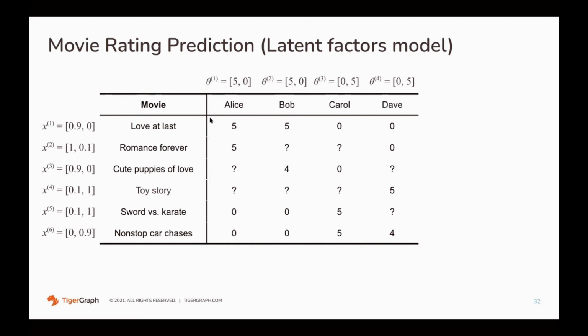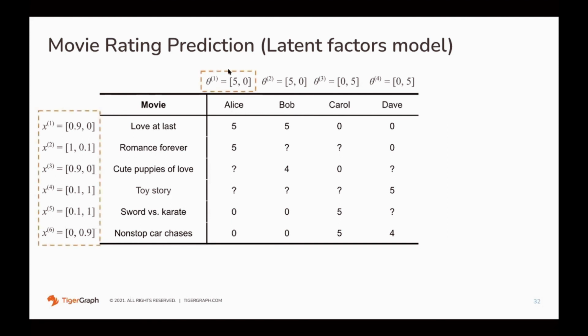That's the rating. Theta is the latent factor vector for the user and x is the latent factor vector for the movies. How do we come up with these latent factor vector values? That's what I'll cover a bit later. As of now, you can see they were generated by the model training, and this is what we came up with.